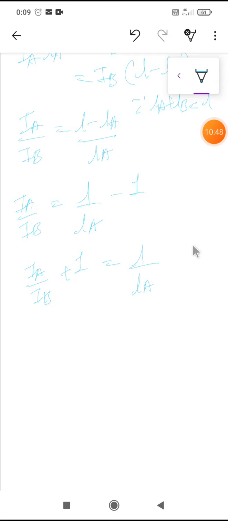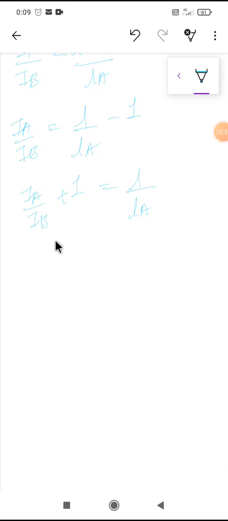We are interested in finding LA, not L. So 2.7523 divided by 10.3211 plus 1 is equal to L divided by LA.